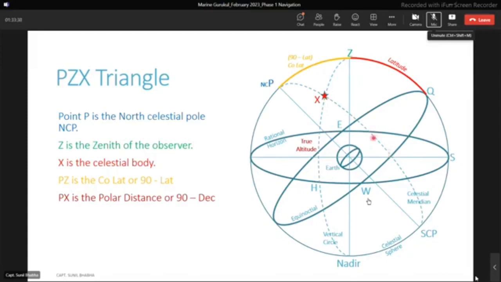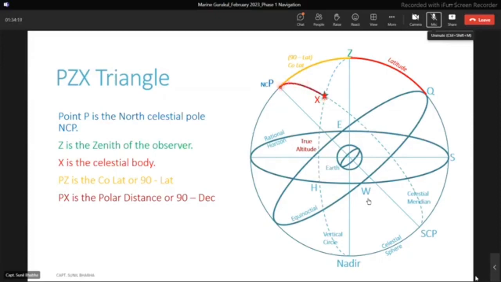And we also know that pole to equinoctial, going along the arc of the celestial meridian up to the pole, is 90 degrees. Every point on the equinoctial is 90 degrees away from the pole. Equinoctial to the celestial body, this arc of the celestial meridian, is the declination, and that tells us that the PX side, which we call the polar distance, will be equal to 90 minus declination.